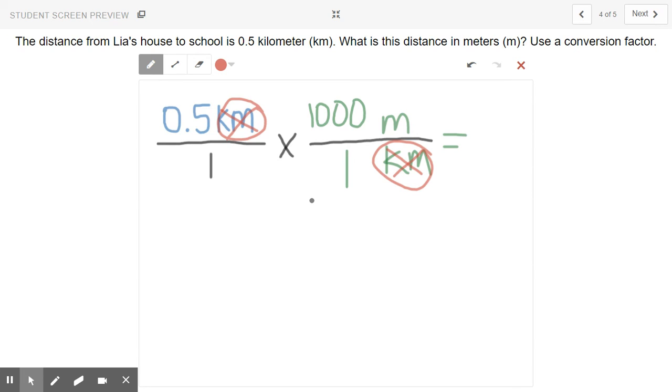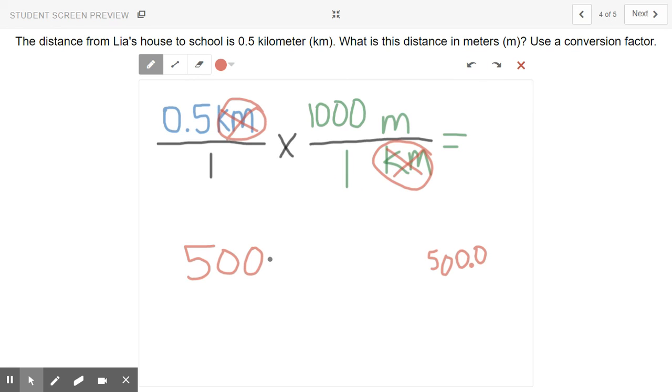So we just multiply across. 0.5 times 1,000. Now I could multiply 1,000 times 5. That's 5,000. And then you count how many zeros. There's 1 zero, so you bring the decimal over once. The answer is 500 meters. So that's the answer to question 4, 500 meters.